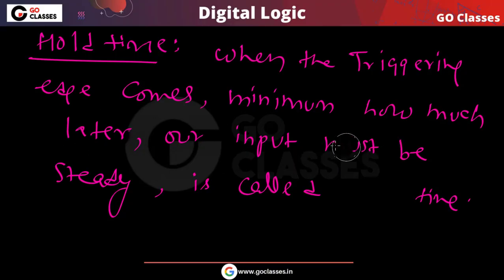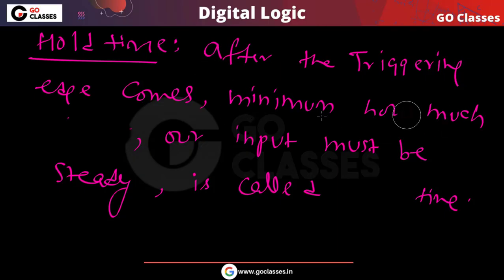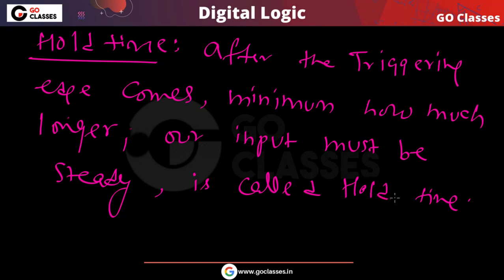Or I can say, the minimum time after the triggering edge comes for which our input must be kept steady and constant is called hold time. So this is the definition of setup time and hold time.